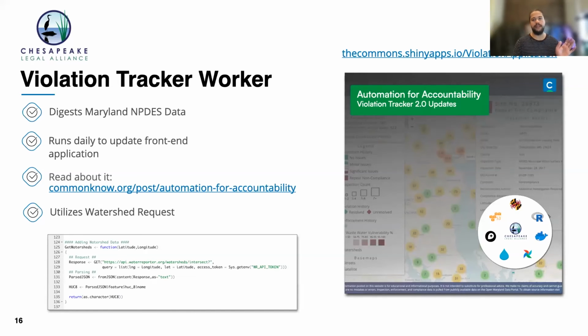So we really think this has opened up the door a bit for folks who are on the Water Reporter platform to be able to do more with their data. And we're excited to see other applications be used from it.